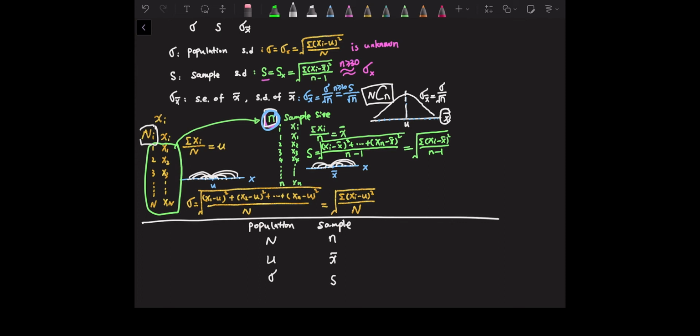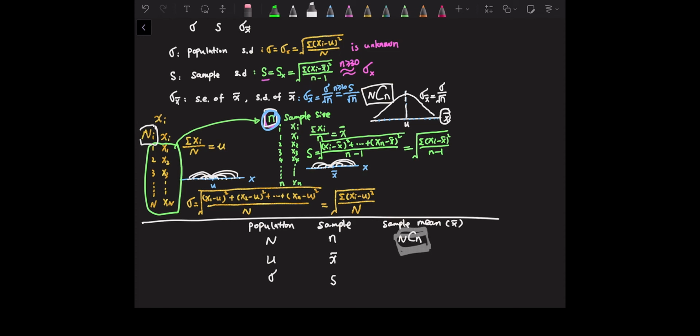And now we have the distribution of the sample mean, which is x bar. The number of sample means, in theory, is this many. Out of N observations, you choose n observations. That's N choose n, the number of combinations you will have.